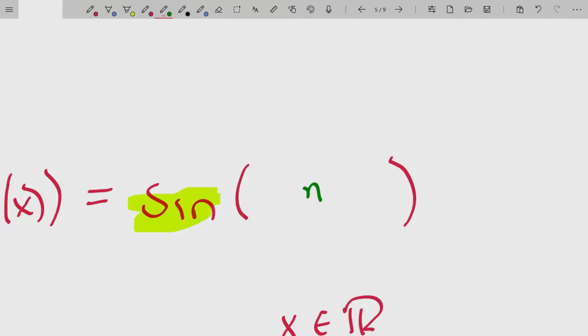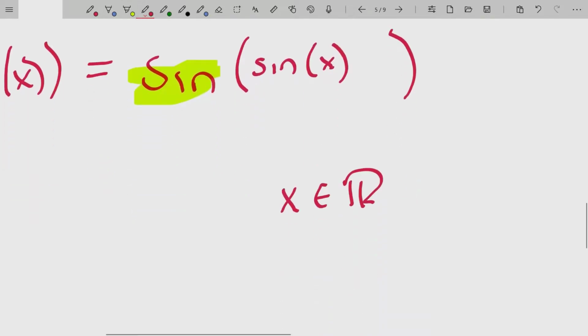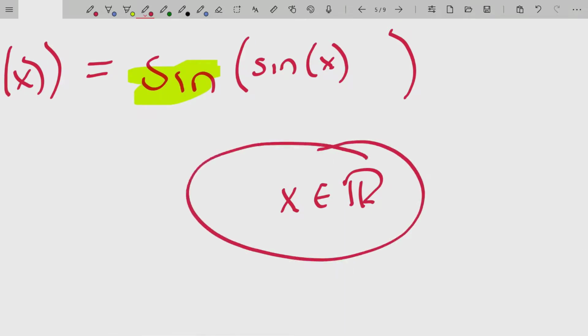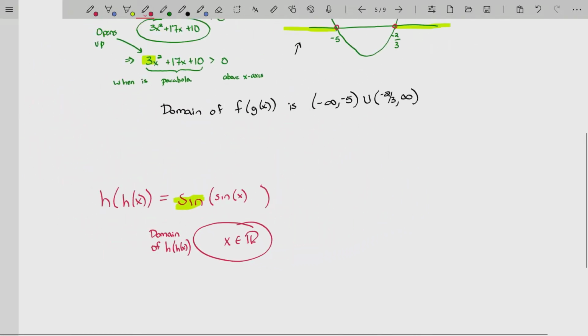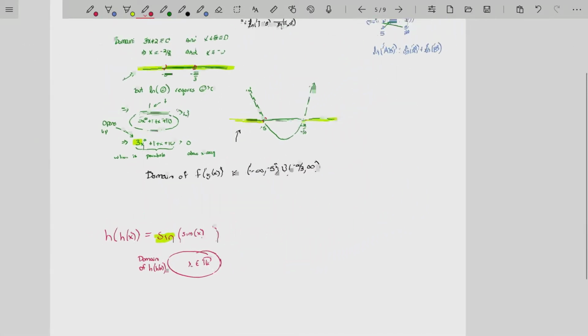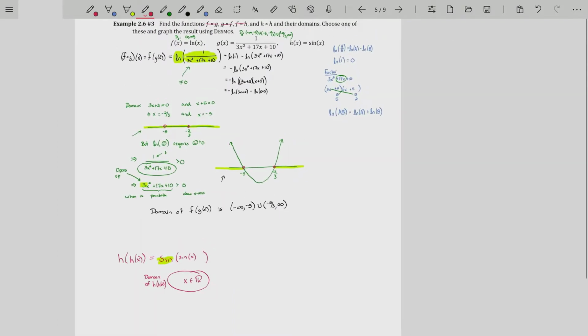So there are no domain restrictions on this composition. So this is the true domain of h composed with h. So it's not that every composition leads to a restriction, just some.